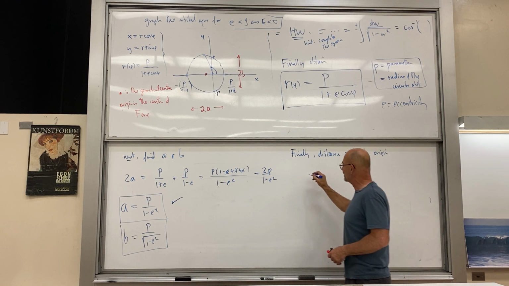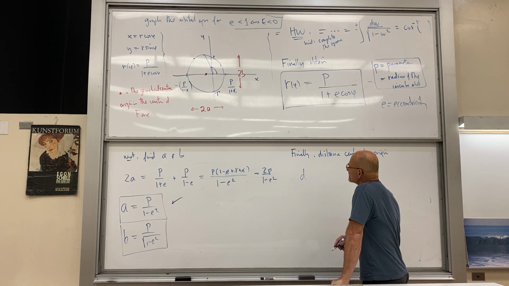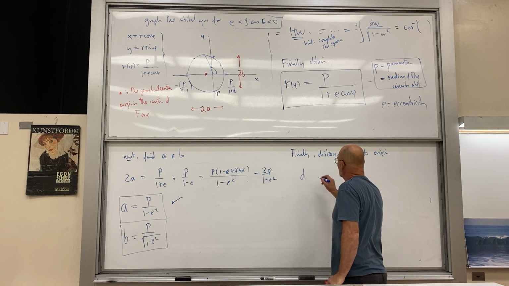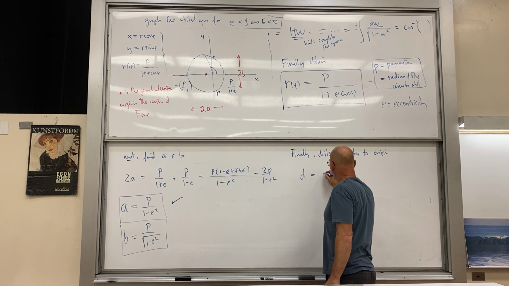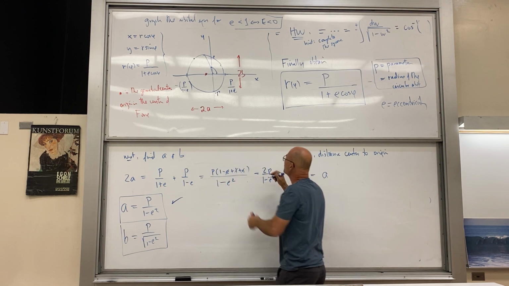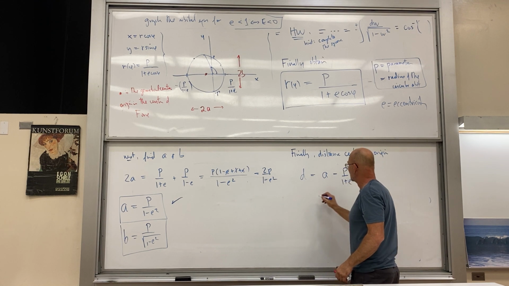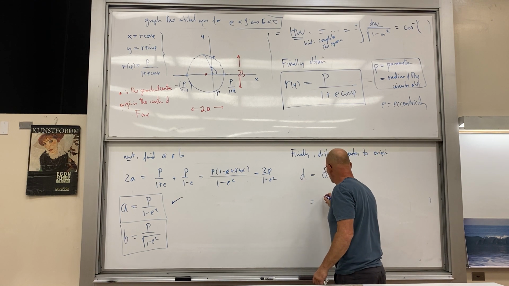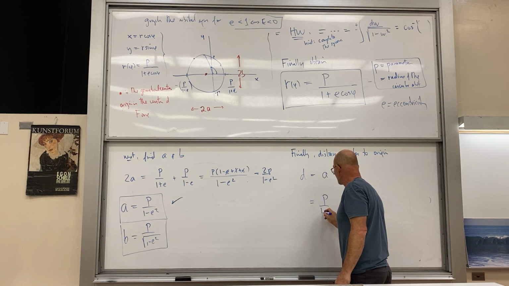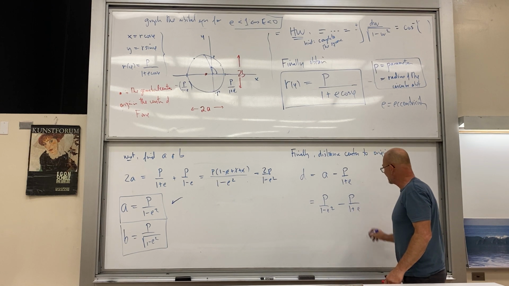We'll call it D. And what D would be is A, which is half of this thing, minus P over 1 plus E. But A is equal to P over 1 minus E squared, so D equals P over 1 minus E squared minus P over 1 plus E.